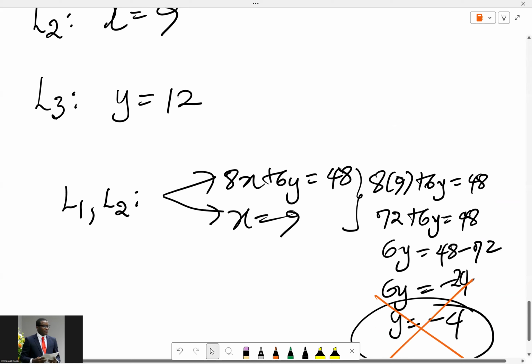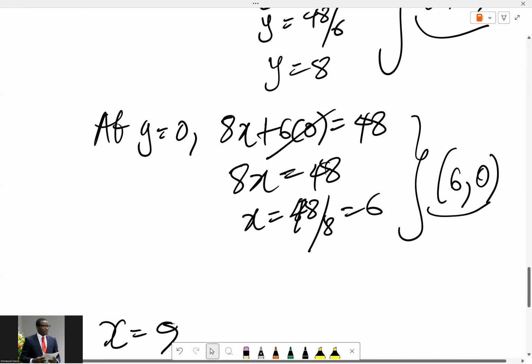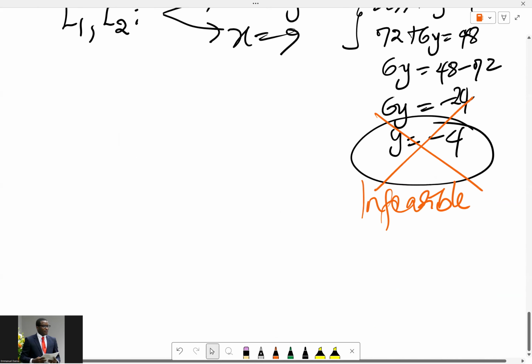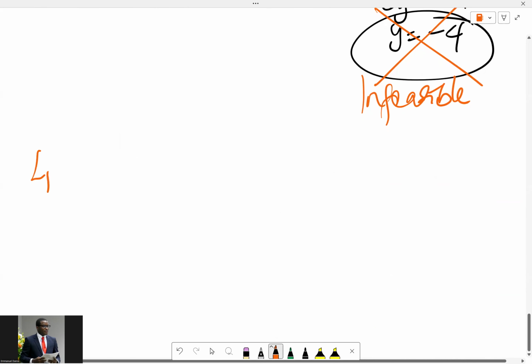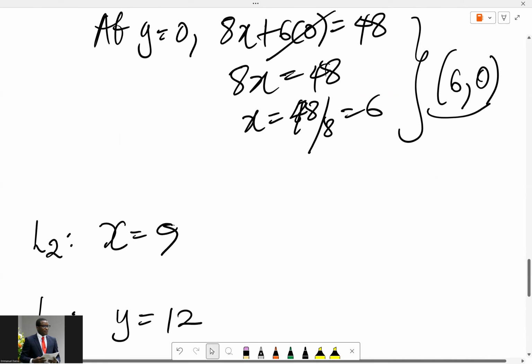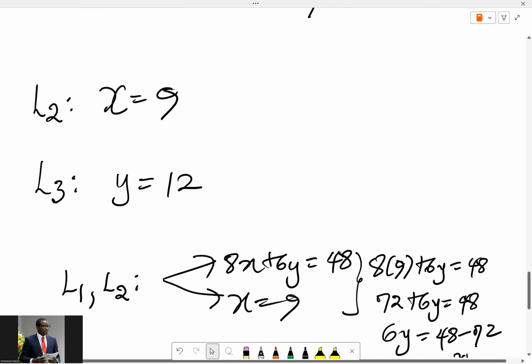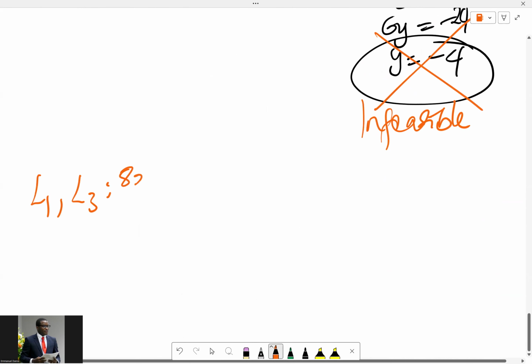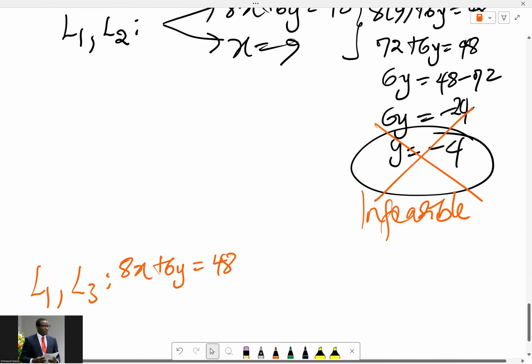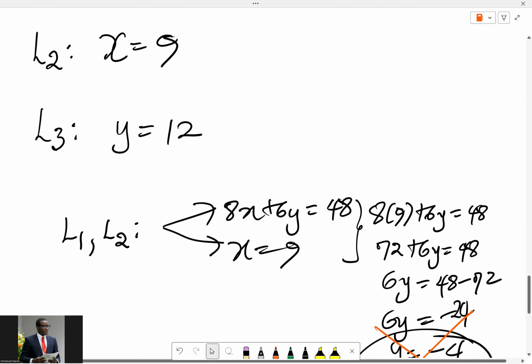Can we also do line 1 and line 3? Line 1 again is 8x plus 6y equals 48, and line 3 is y equals 12.